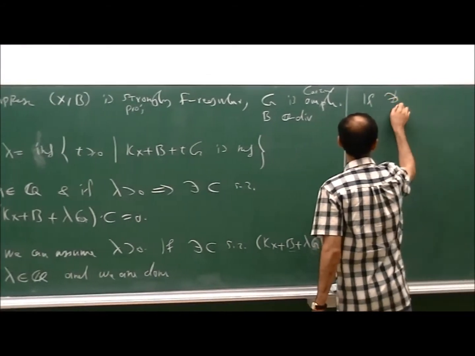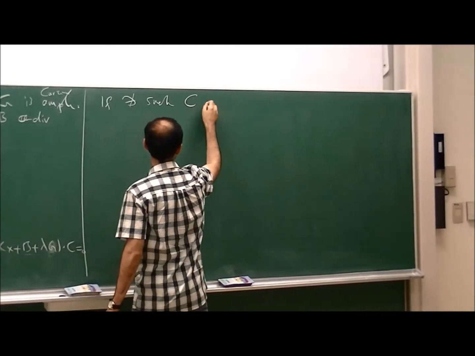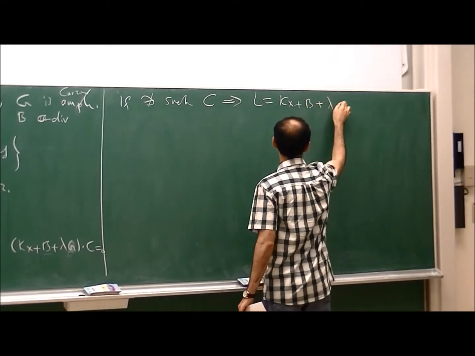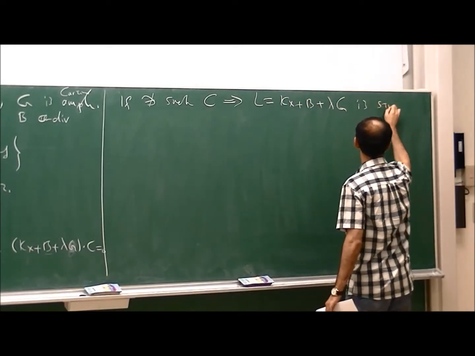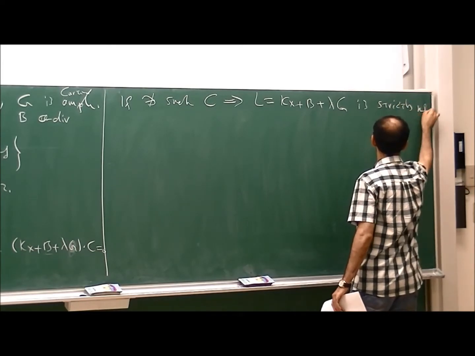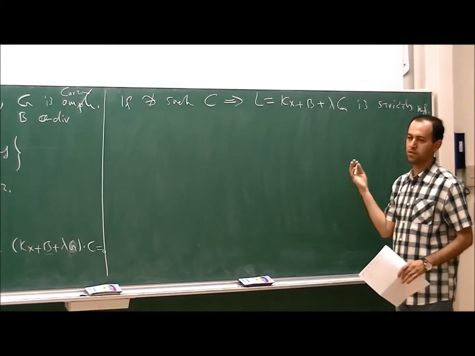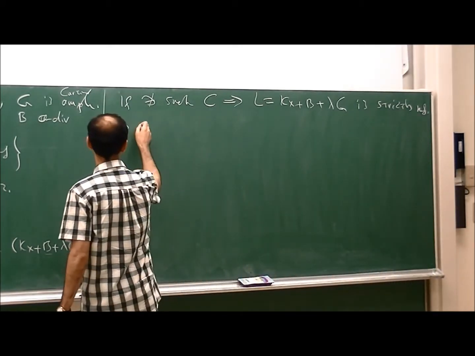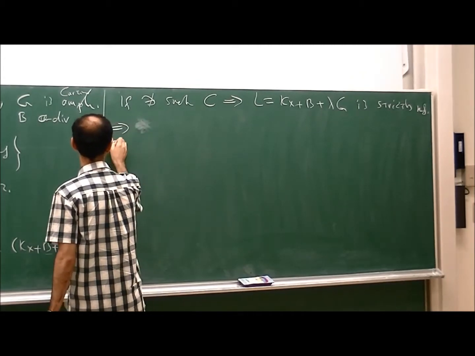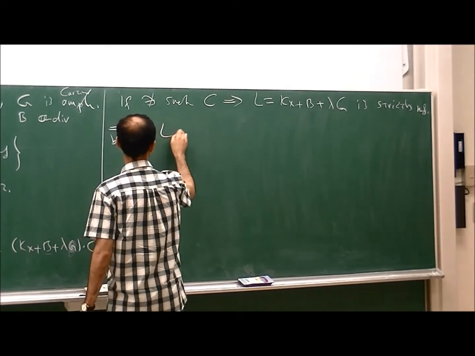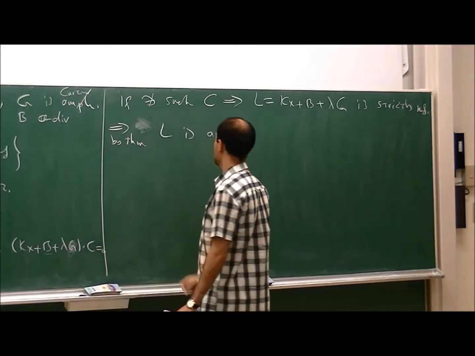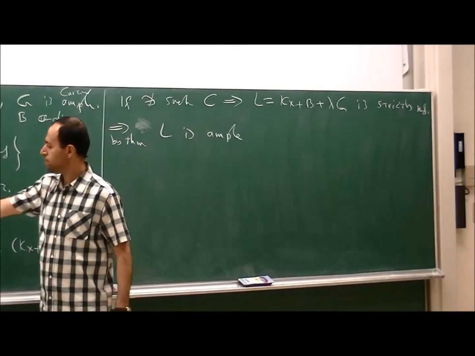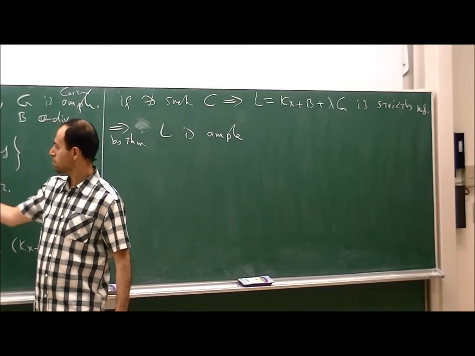Now, if there is no such curve C, then this means that L equals K plus B plus lambda G is strictly nef, because it's positive on every curve. And now the theorem says that this should be ample. But if L is ample, that means that you could in fact take an even smaller number here to get this nef condition.